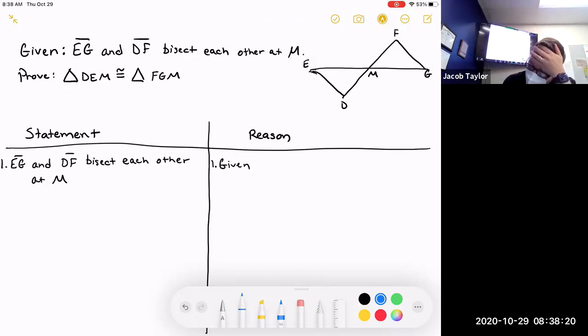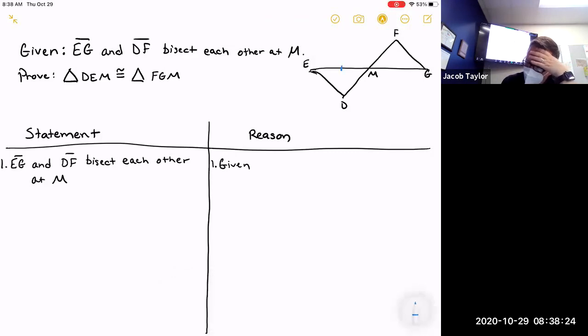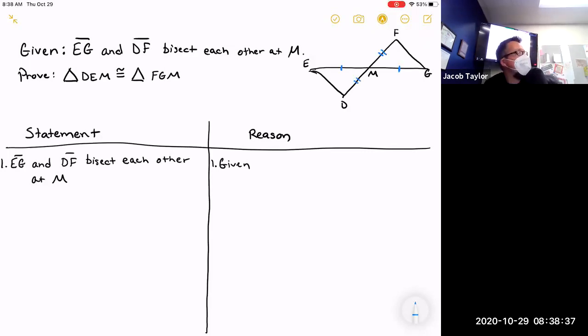So if EG is bisected, that means that this piece EM must be congruent to MG. And it also tells us that DM must be congruent to FM. Now I don't know they're congruent to each other, which is why I'm doing one line for the first pair and 2 lines for the second pair. They might be congruent to each other, but I can't prove that yet.